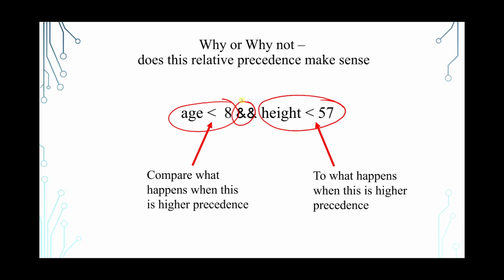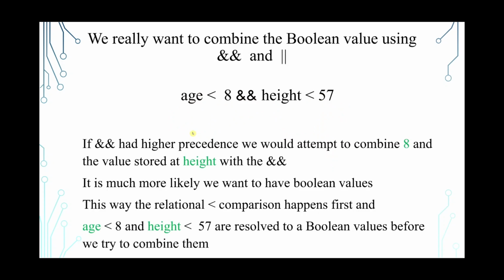So is the age less than 8? Is the height less than 57? It's like 57 inches, like when you're talking about a toddler. You can ask these questions, and you need both of them to be true to decide whether the toddler can get to the booster seat or not, right?